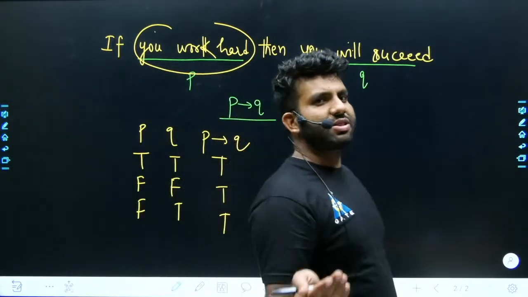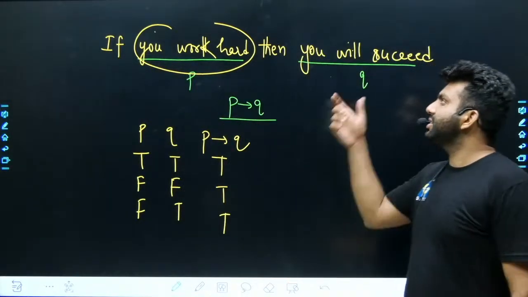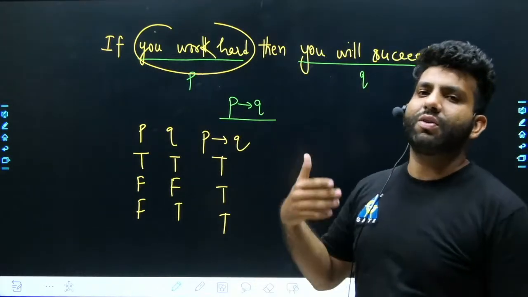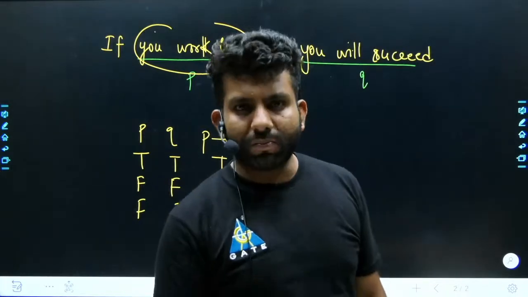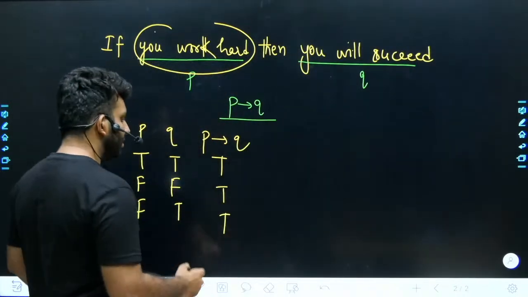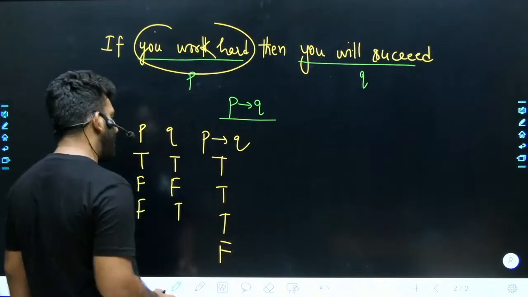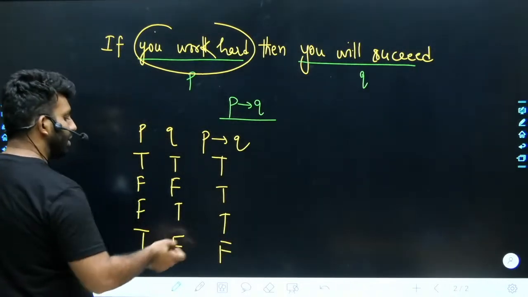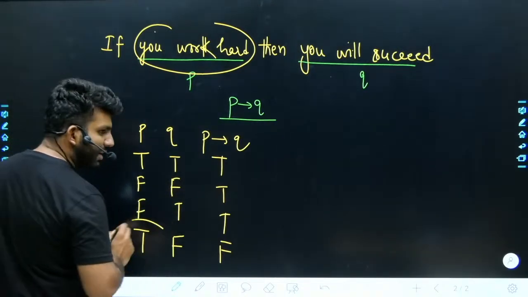I did all that, but I was not getting the result you said. That means, sir, whatever you told me was wrong. In that case only, this will be false. When P will be true and Q will be false, in that case only I'll have it as false.